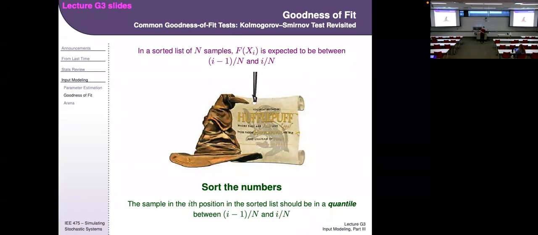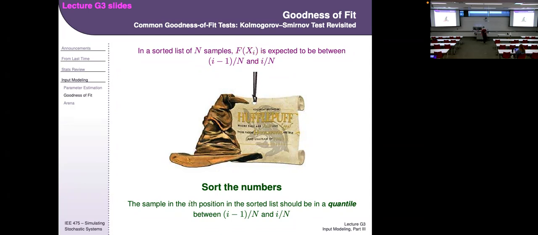Before the midterm, we were only worried about uniform distributions between 0 and 1, so we just looked at the sample itself. After the midterm, whatever the hypothetical distribution is, we take its CDF, we run the sample into that, and the result will be between 0 and 1.